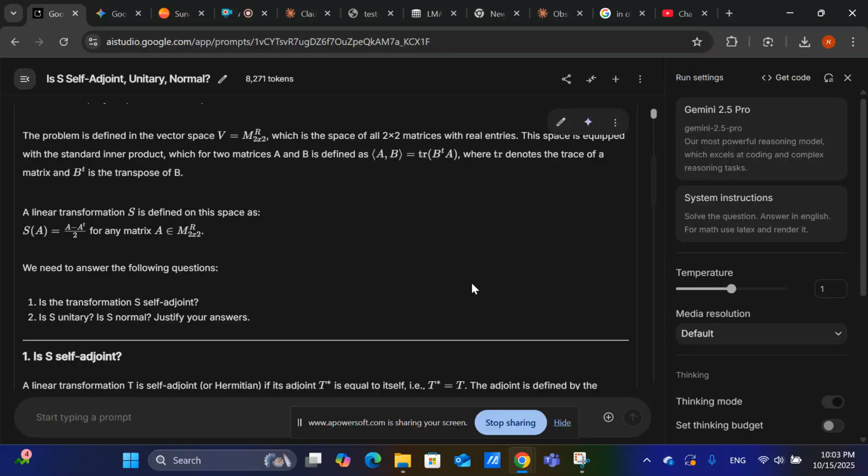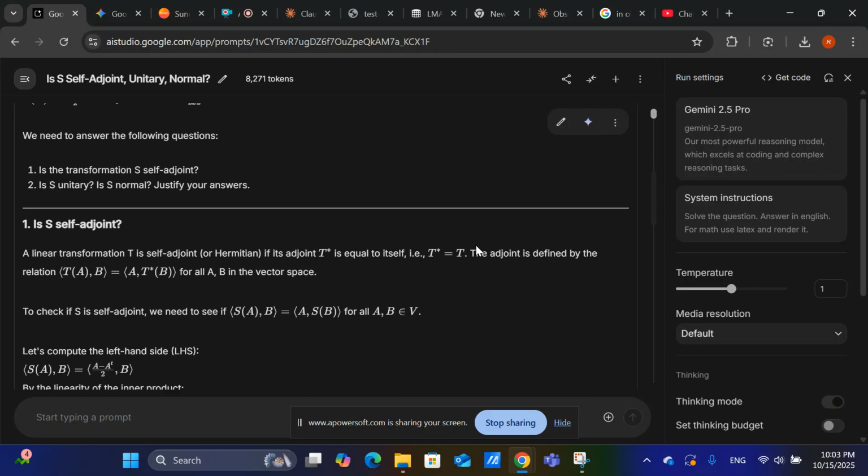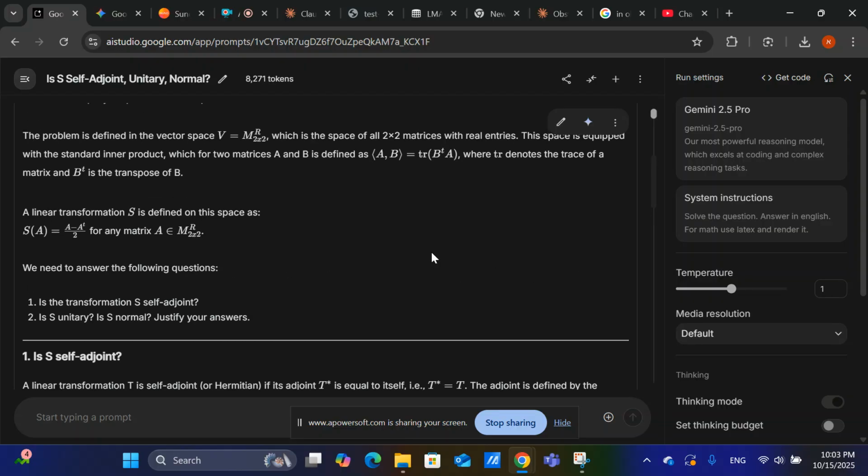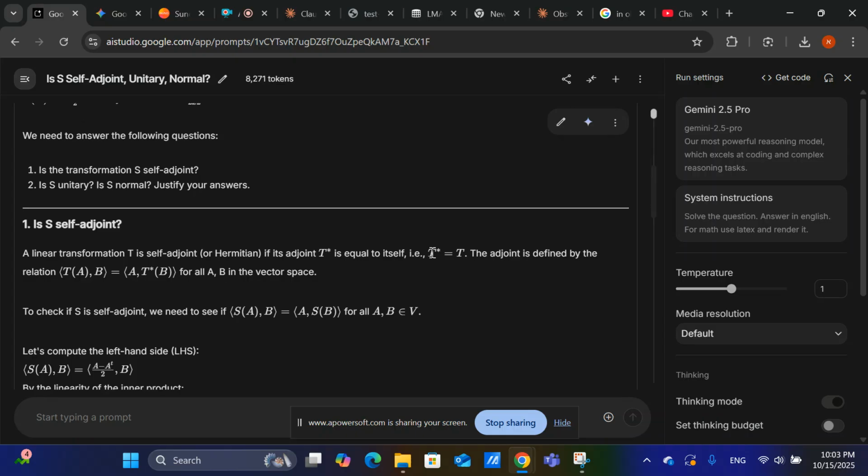We start with self-adjoint. Remember, by definition, self-adjoint means that the transformation equals its adjoint, its complex conjugate transpose, or in the real numbers, just transpose. You can also prove it by showing this.